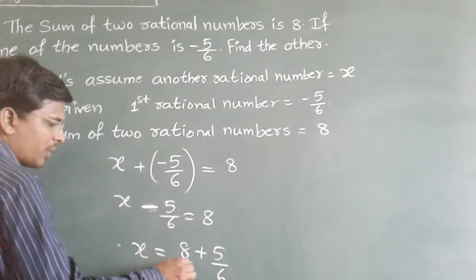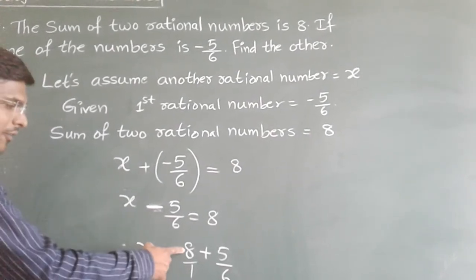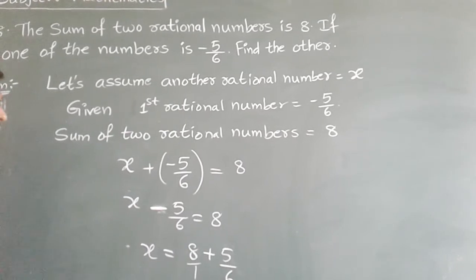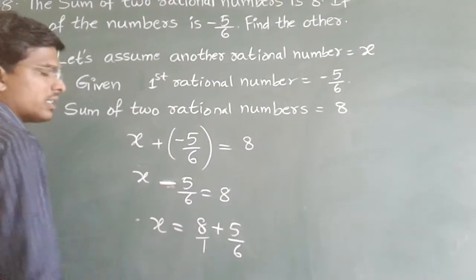For 8 in the denominator we do not have anything, so that's why I am taking the denominator as 1, because every natural number is a rational number. Again you can use the concept AD plus BC by CD.